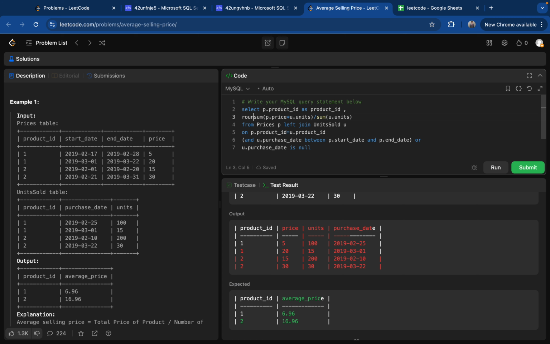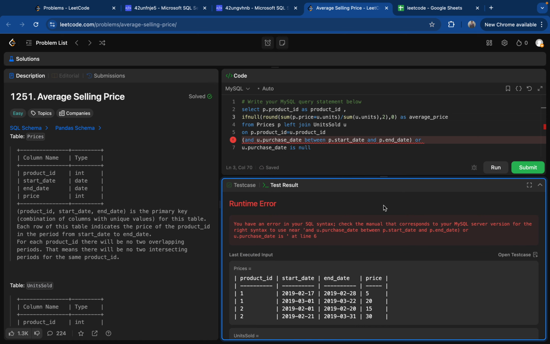Then we also have to round it to 2 places, and if there is any null, we have to put 0 there, and it will be our average price.